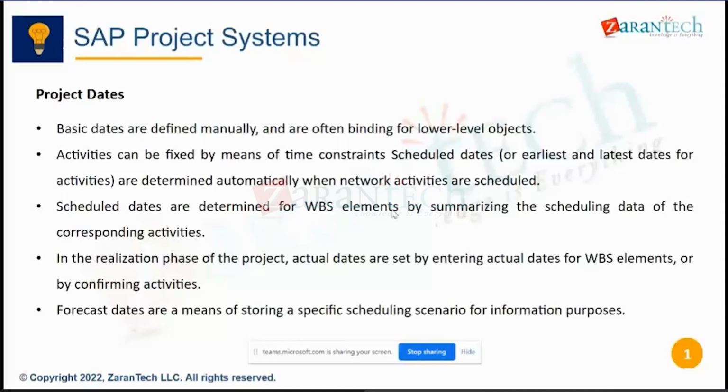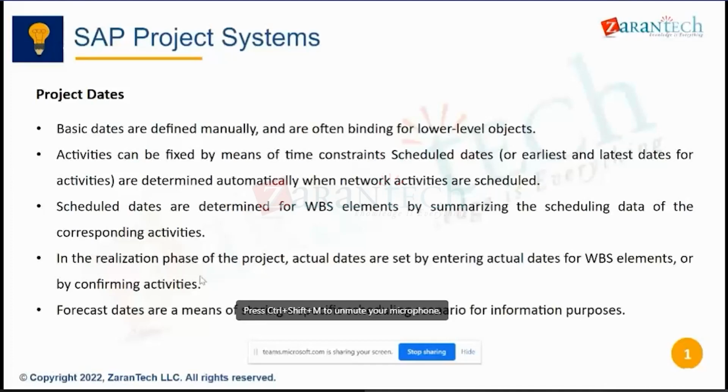Based on one of the scheduling methods, we can roll up dates from activities to the higher level WBS, then again to an even higher level, like level 3 WBS rolling up to level 2 WBS, and finally to the project level, the top WBS element.